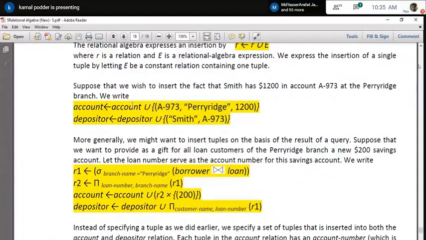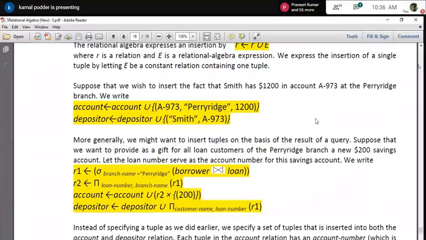Account is my relation. I give the union, and then I create a set with these three pieces of information. We are assuming that the account table has only these three columns, and not only that, if there is any constraint on the column, the value must match that constraint.